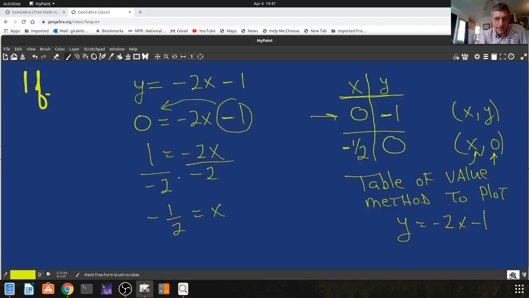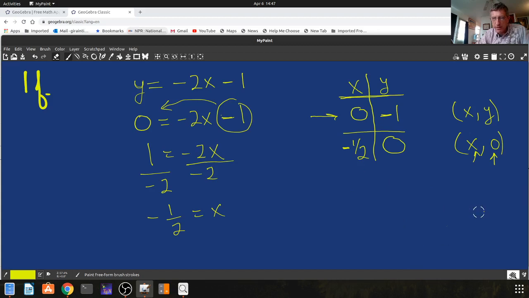It may be easier to choose yet one more value of x or y. So let's do this. You decided, oh, they're too close together. I want another point. That's okay, you can do it. You can choose as many points as you want.